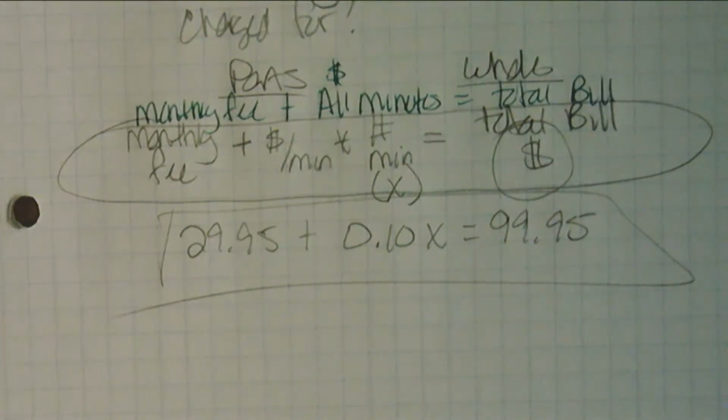Chris, what? Speak louder, sweetheart. We're only being charged for all the additional minutes, so we don't care about those 300 minutes that are free. We just want to know how many minutes we are being charged for. And then you would solve from here.